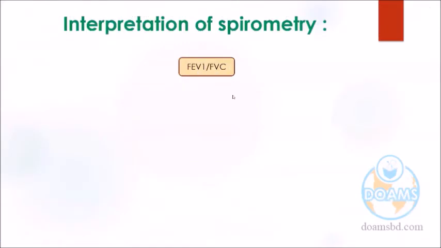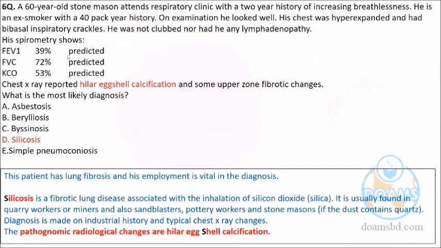So again, come to the FEV1 and the forced vital capacity. Suppose this is obstructive lung disease. Now you can remember the algorithm. In the obstructive, the value is less than 70%. So there may be two again: one is pure obstruction, another the mixed picture.